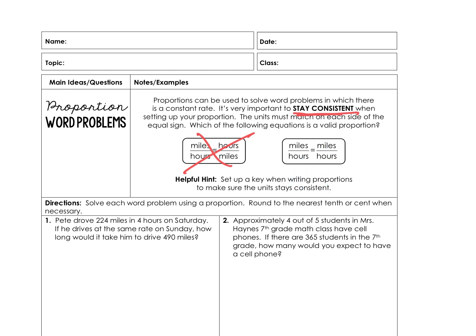So that is the way that we would want to set up our proportion. So just keeping those units consistent. So miles on top on the left, miles on top on the right.